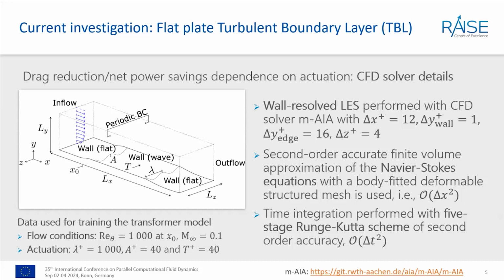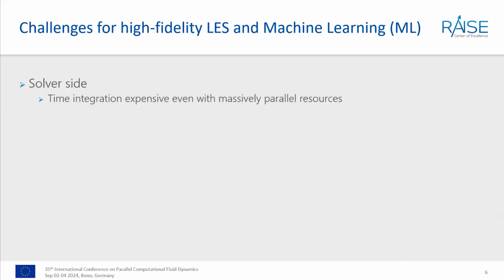For the transformer model itself, we required a higher resolved transient simulation, so we had to run a new set of simulations, and these are the configurations for which the new simulations were run.